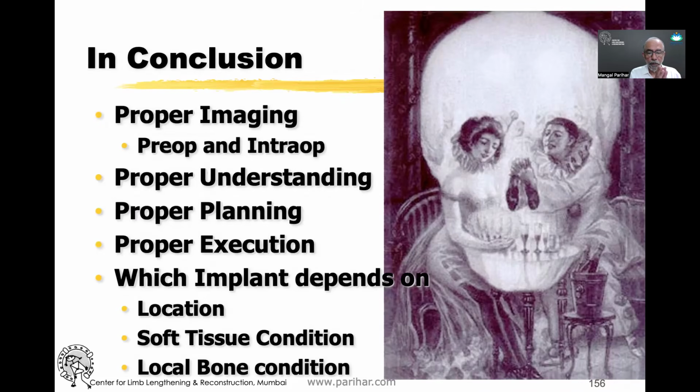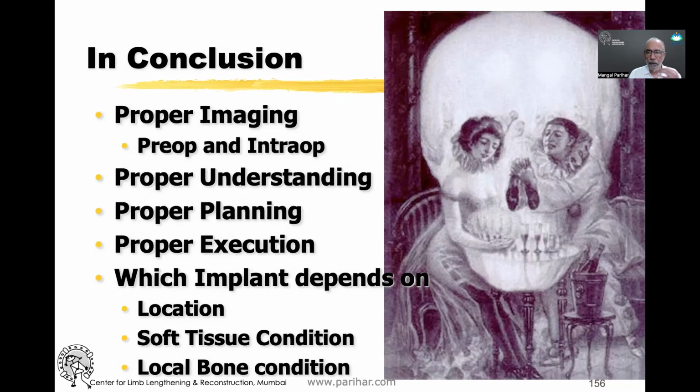You got to have a proper understanding of deformity principles. As I told you, osteotomy rule number 1, osteotomy rule number 2. You need to plan the correction and simulate it with paper cutouts and things like that. Execute it properly. And which implant is actually the last decision, so to speak.